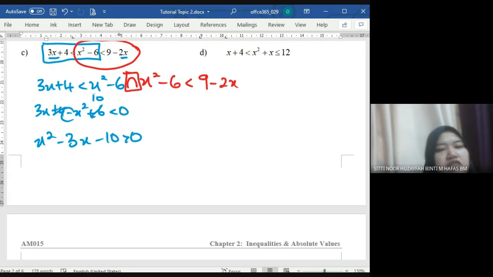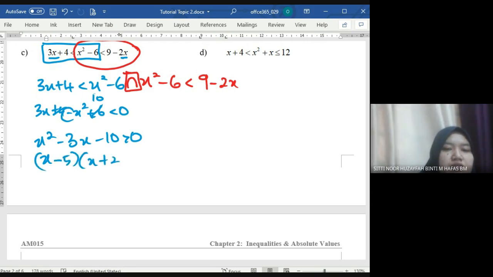Saya selalu jadikan dia positif untuk x kuasa 2. So, saya tahu faktor dia 10, 5, 2 kan? x tolak 5, x tambah 2, more than 0. Minus 5 plus 2x, so negative 3x. Betul. So, kita dah ada faktor dia 5 dengan negatif 2. So, kita kena buat apa?